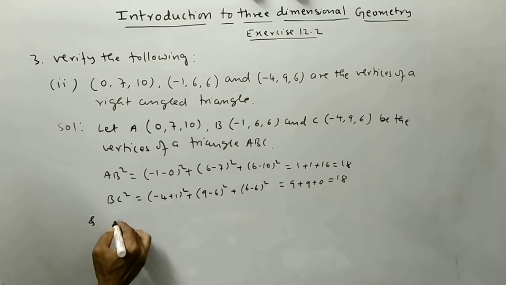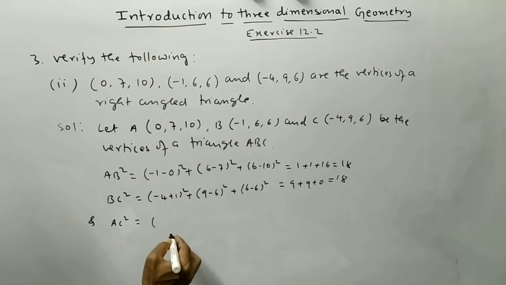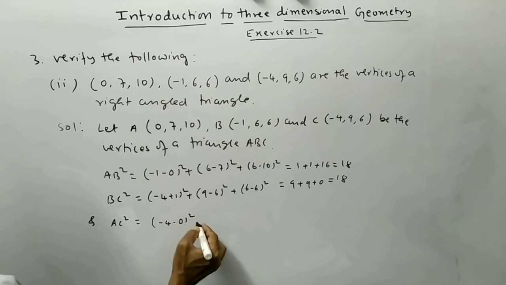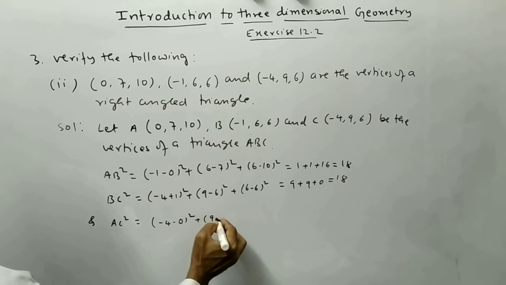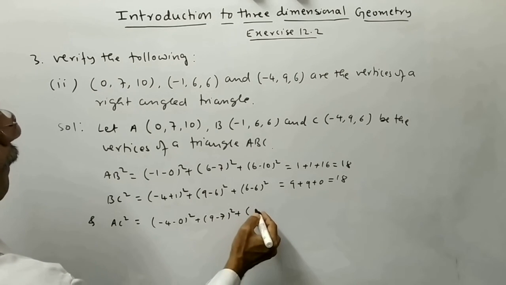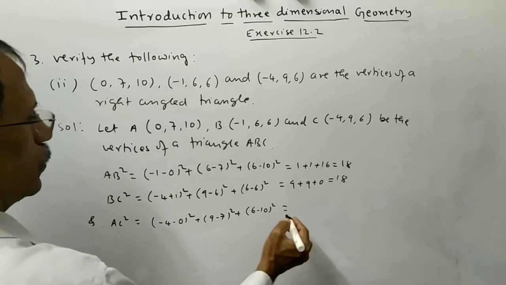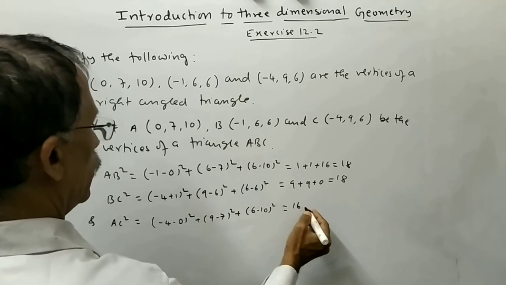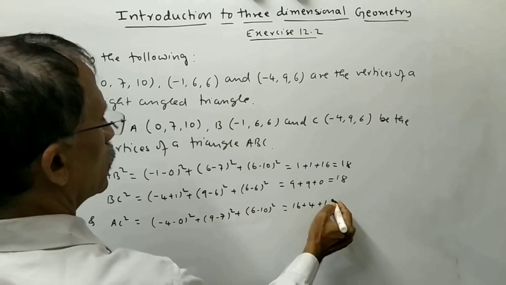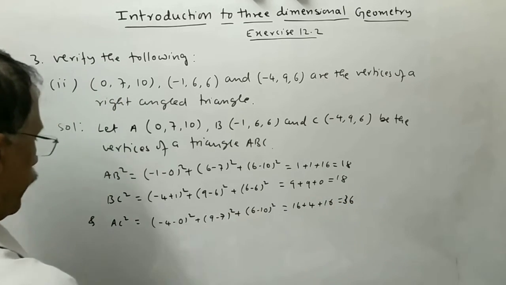And AC square is equal to -4 minus 0 whole square plus 9 minus 7 whole square plus 6 minus 10 whole square, is equal to 16 plus 4 plus 16, is equal to 36.